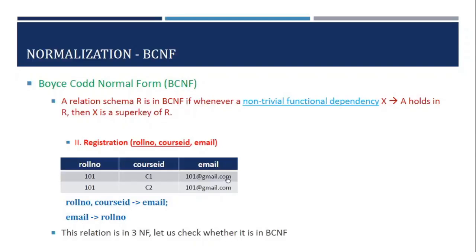This is evident from this table. If you see 101, every time 101 registers a new course, we have to repeat this email. As a result, email is not a candidate key in this relation. So this relation is in third normal form, but it is not in BCNF.